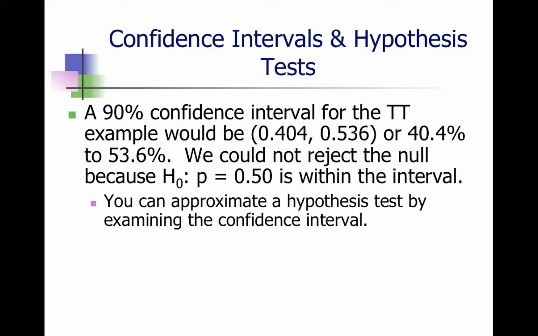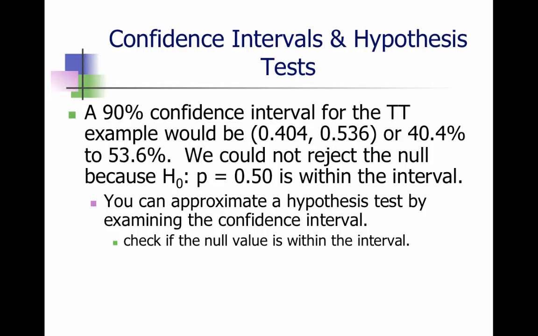You can always approximate a hypothesis test by examining the confidence interval. The hypothesis test will give us a better conclusion or more evidence, but if you have the interval already, you can always just use that to determine what your conclusion would be. All you have to do is check if the null value is within the interval.